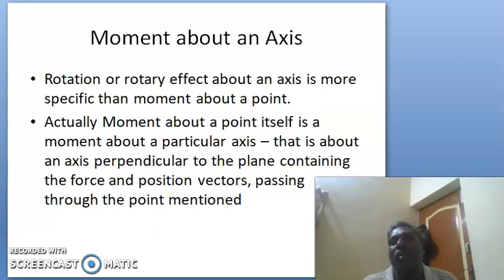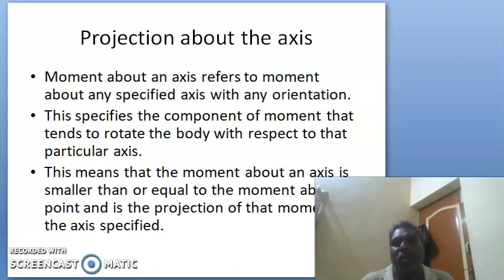The original moment is with respect to some axis, but this rotary effect is also pronounced about some other axis, which may be of a lower magnitude, but still it can create rotary effect about some other axis. So this moment about an axis refers to the moment about any specified axis with any orientation.